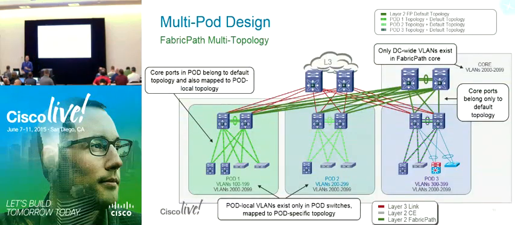And one more, I guess, last question here, yeah? So I'm assuming that the SVI for the pod local VLANs, let's say VLANs 100 to 199, exists on these devices, right? Yes, correct. But what about the data center wide VLANs, 200 to 299? So the question is, the pod local VLANs are terminated on this aggregation.